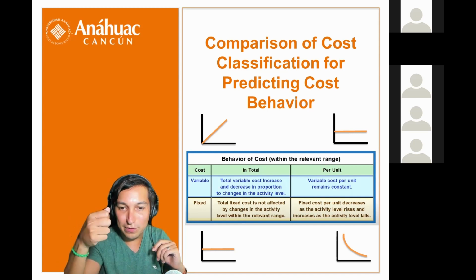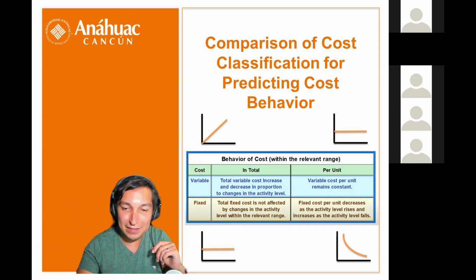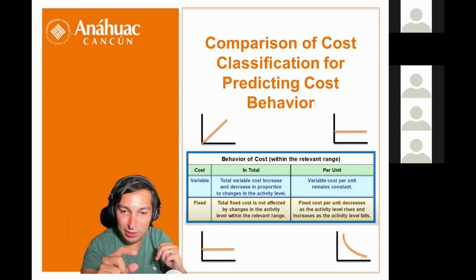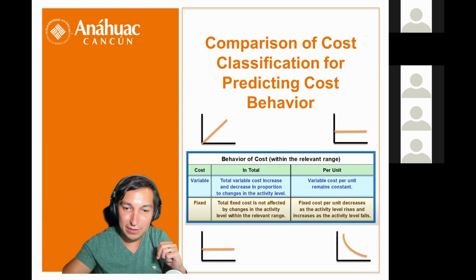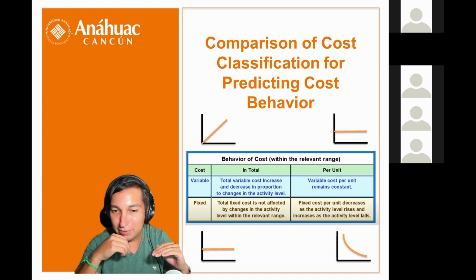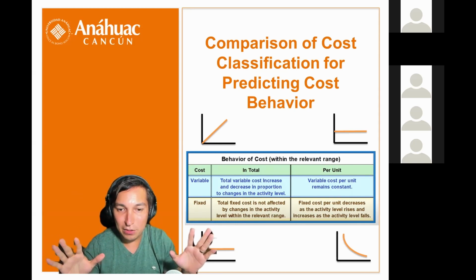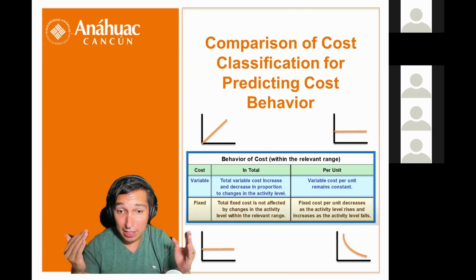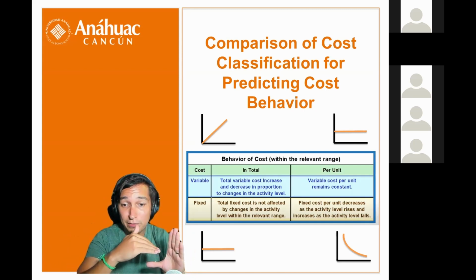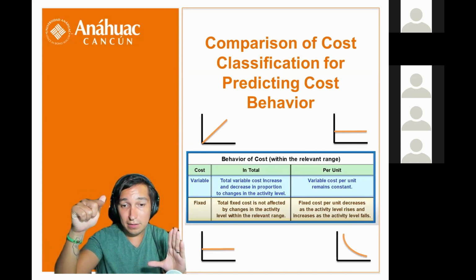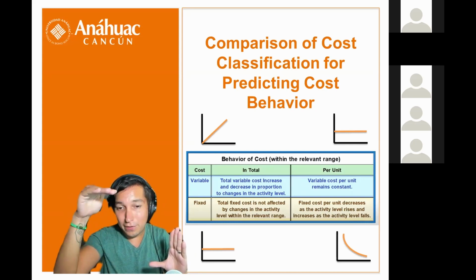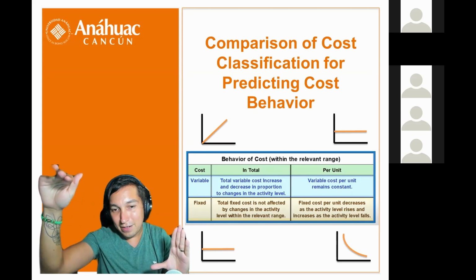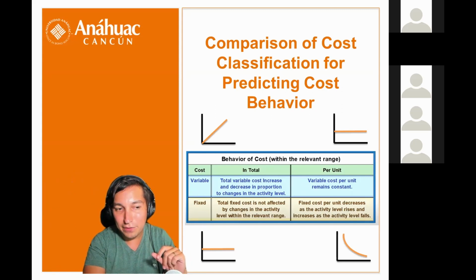How much will it cost to produce 20 mugs? 20 mugs times 100, right? Yeah, 2000. It's per unit, it will remain constant. But in total, as you have more activity, you have more costs. So it's the linear function. All right. Okay. Thank you. Perfect.